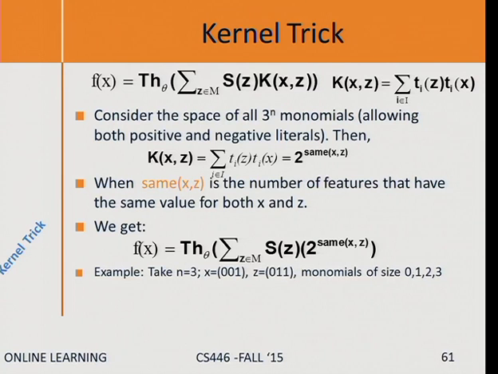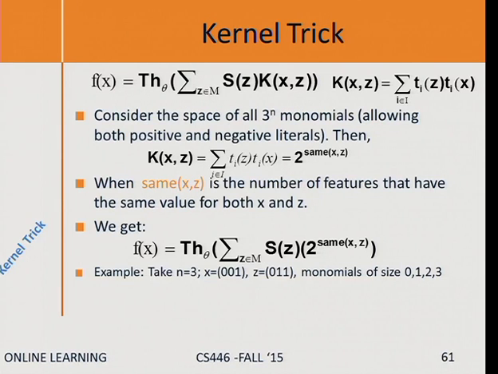And look at x and z here. Let's think about which monomials computed over x are going to be alive also when I compute monomials over z. So for example, let's look at the last dimension here, x3 and z3. They are both 1. So one of the monomials is going to be x3.